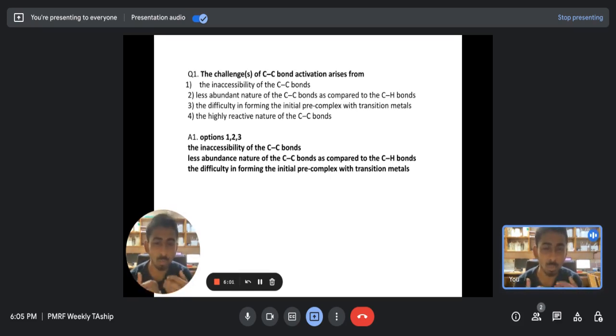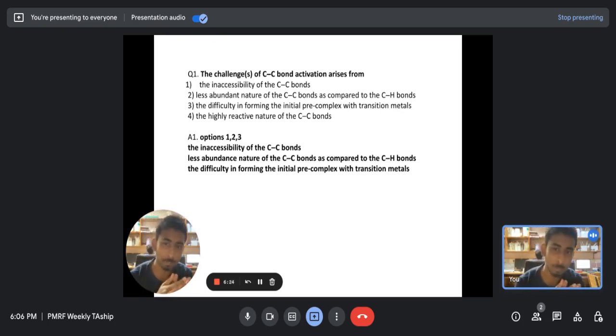But in the case of heteronuclear polar bonds, the reactivity increases. Now, since the CC bond is a homonuclear bond and both carbons have the same electronegativity, around 2.4 to 2.5 on the Pauling scale, these bonds are less reactive in nature. So the last option, the highly reactive nature of the CC bonds, is not true.